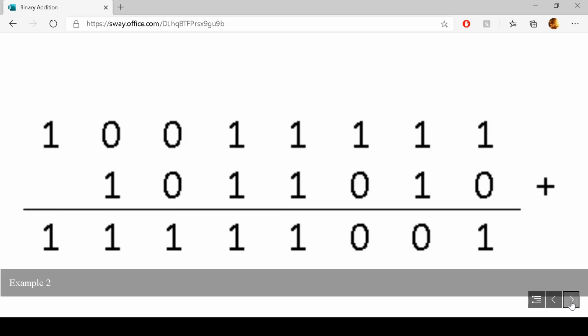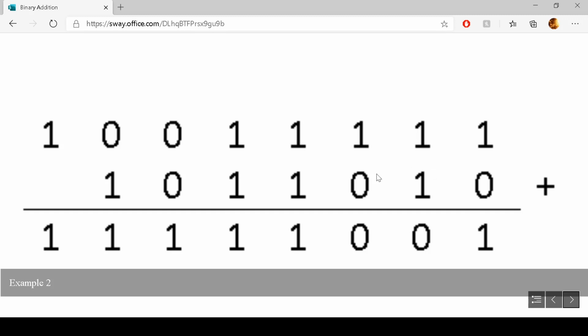Moving on to our second example, we have much longer numbers here, but the same process is applied for each of the columns. We start on the right hand side and we just move all the way along. So first column we have 1 plus 0. 1 plus 0 is 1 and there are no carries.